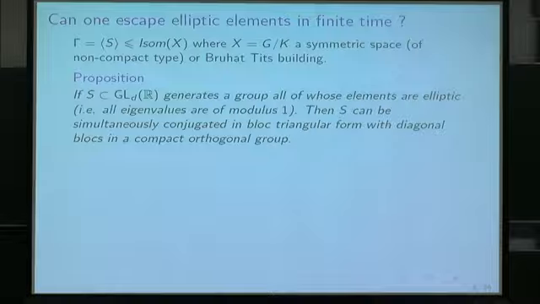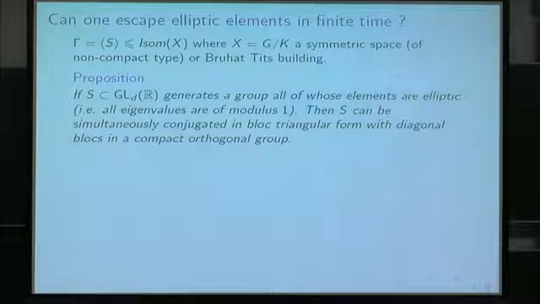There's no geometric proof of this somehow. The proof is by linear algebra. So you prove this proposition. Suppose you have some finite set S in GL_d(R), generating a group all of whose elements are elliptic. By elliptic I mean all eigenvalues are of modulus 1.